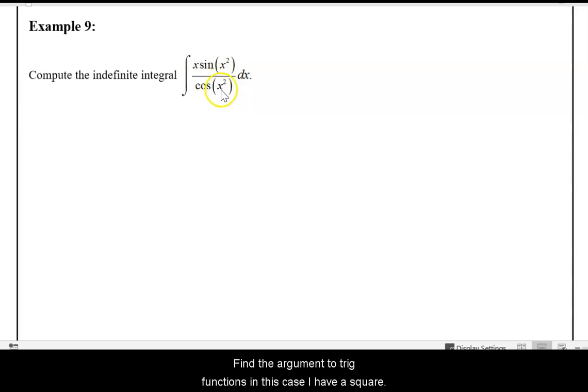In this case, I have x squared. I can see that I have an x on the outside, but the problem with replacing x squared with u is that it will give me a sine of u over a cosine of u, but maybe that will be enough. Let's see if that will work.